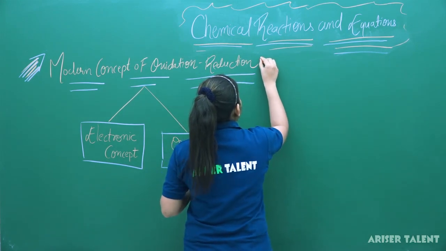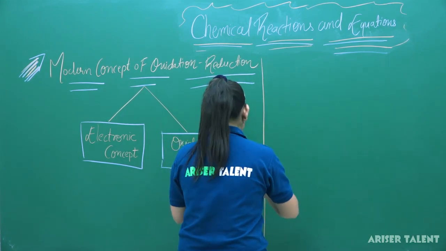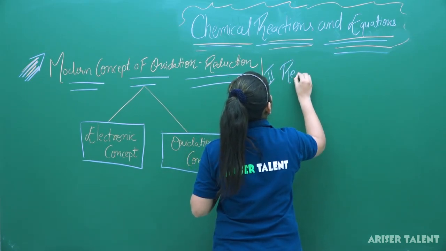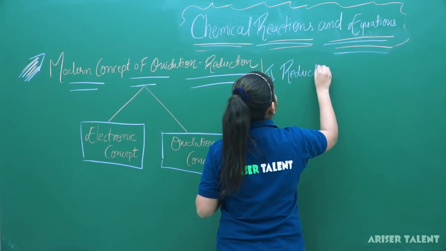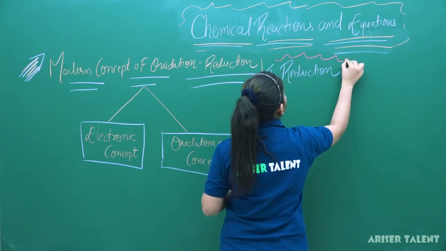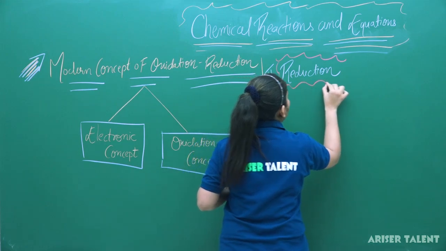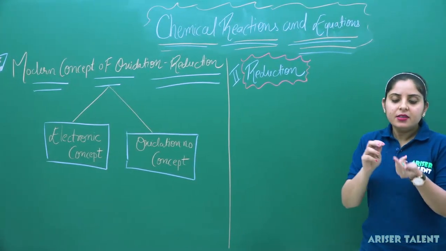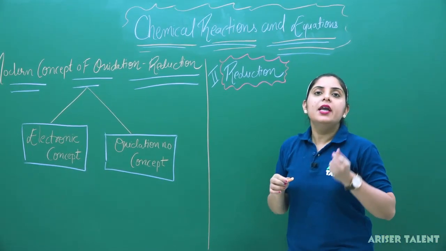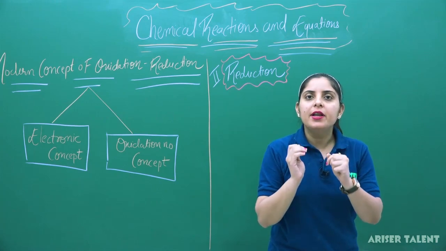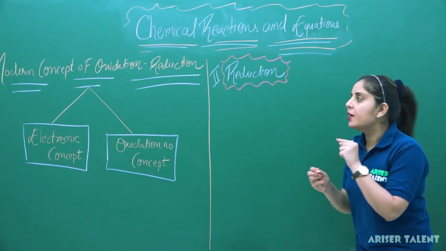Our first topic was oxidation, and now we are dealing with our second topic, that is reduction. Firstly I am writing the definition of reduction: in reduction there will be a gain of electron. Gain of electron means there will be the addition of electron, and we can also say it is electronation.